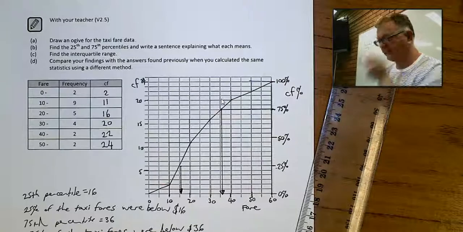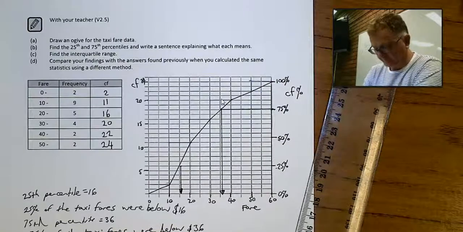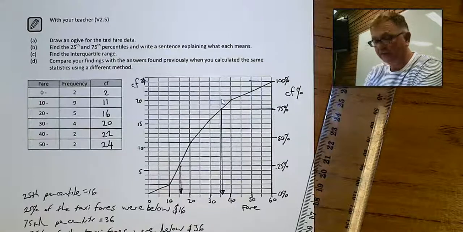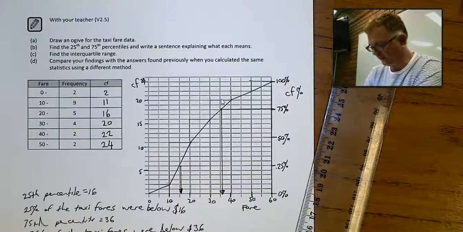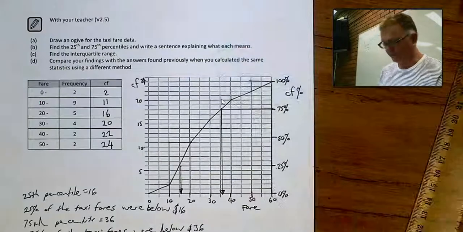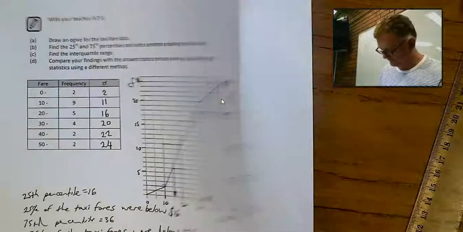Now, the 25th percentile is effectively the lower quartile, and the 75th percentile is effectively the upper quartile. So if you want to find out the interquartile range, you can just take one away from the other. I'll just move my page up so that you can see what I've been writing.